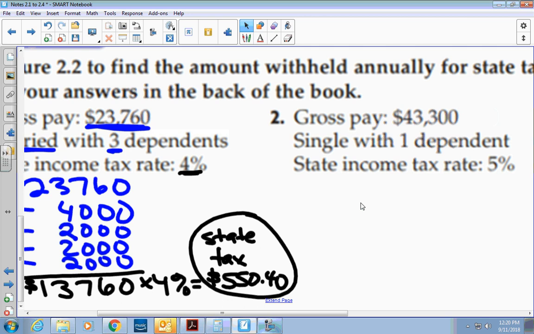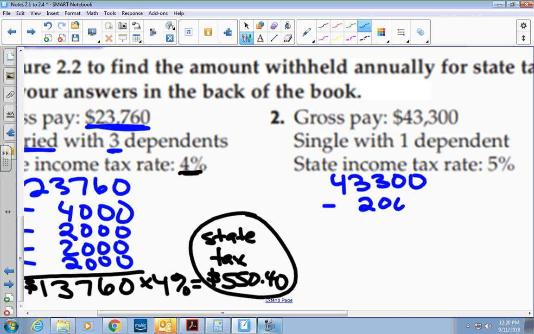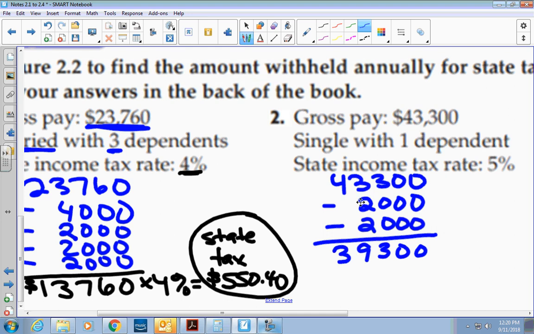Our gross pay is $43,300, so we're going to start with that. We're single, so we're going to subtract out 2,000. That's our single exemption. And then we have one dependent, so we're going to subtract out 2,000 for the one dependent. 43,300 minus 4,000 is 39,300.